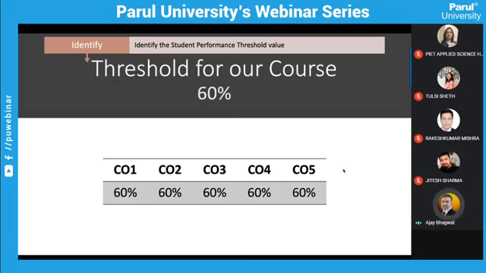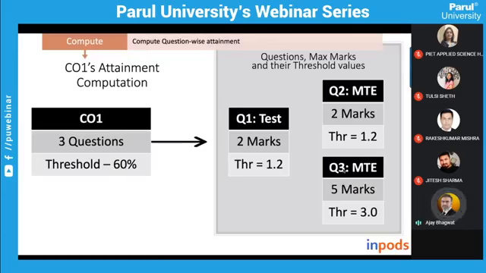However, they keep it same for 3 to 4 years, but they may have variation in the threshold values for every course outcome, but they will keep constant for next 3 to 4 years. That's the way some of the advanced implementers of OBE do in the computation of outcomes. But we are keeping it simple.